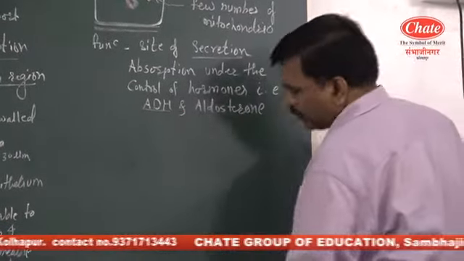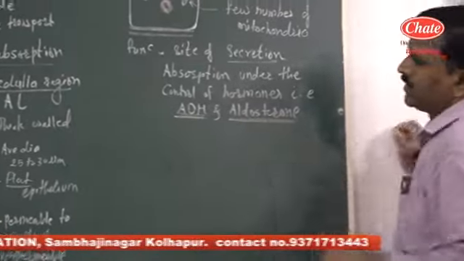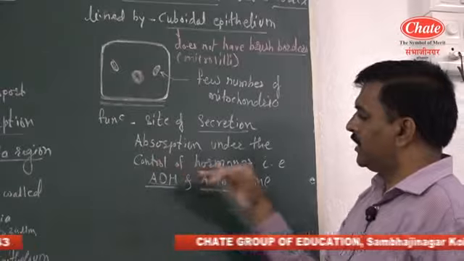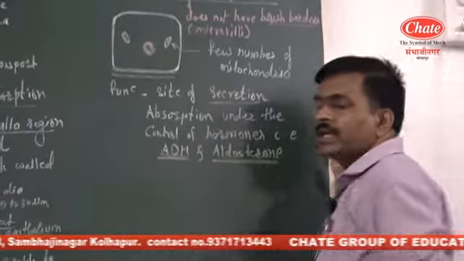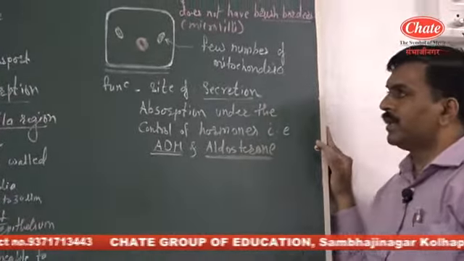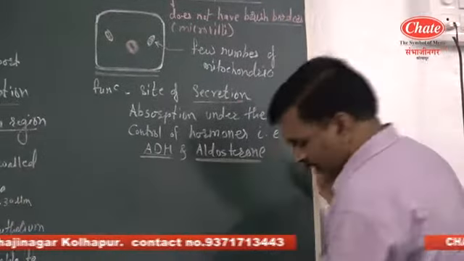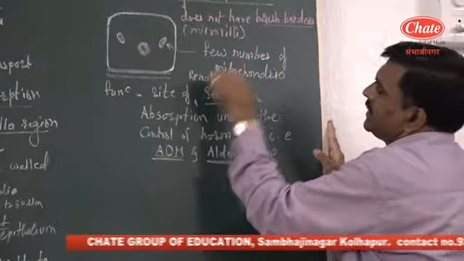Under the control of ADH, antidiuretic hormone, and aldosterone, absorption occurs here, but it occurs under the influence of ADH and aldosterone. It depends upon the physiological condition, and it is the site of renal secretion.